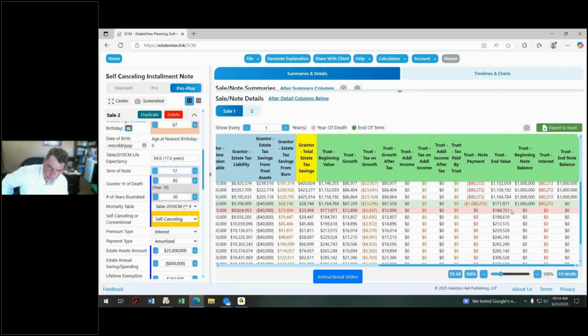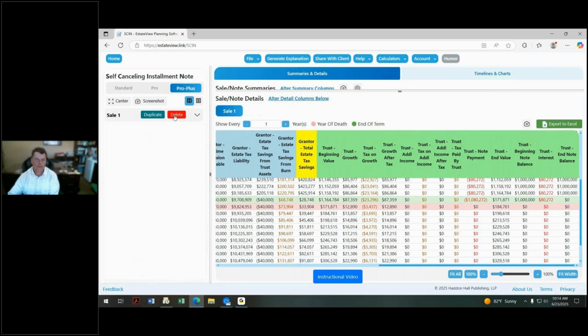So you actually would have a better savings if you survive the term using the amortizing note, which is interesting. But if you're betting that the client's going to die during the term, then the regular interest-only note is a better result. So what I'd like to do is go back and delete this real quick.